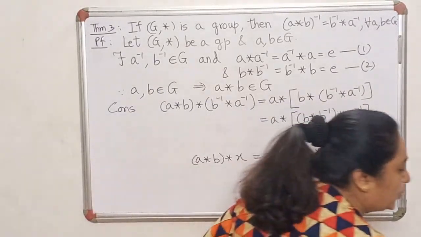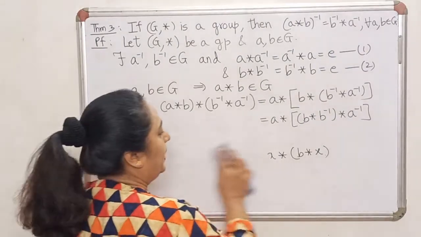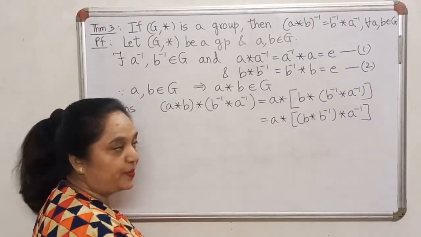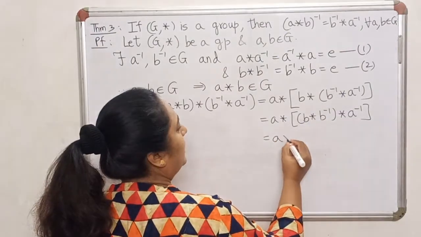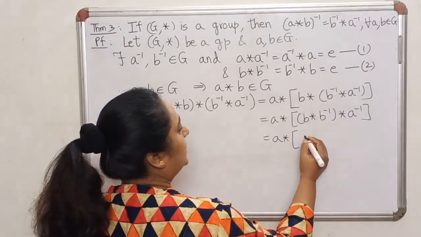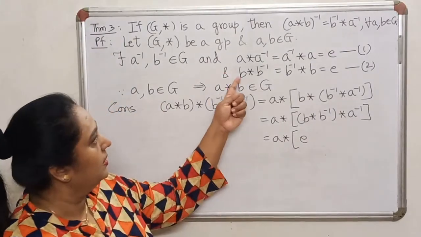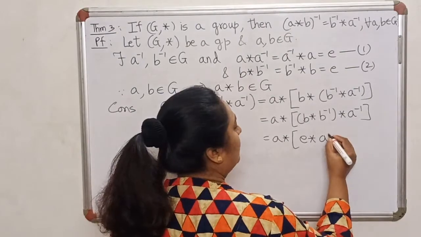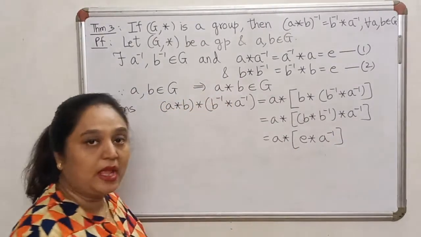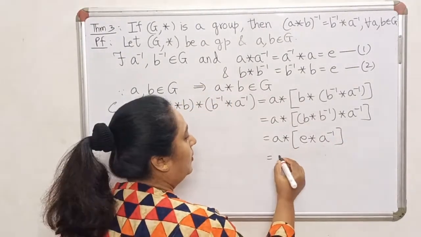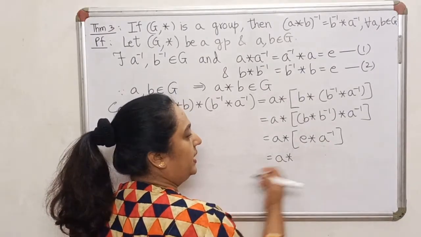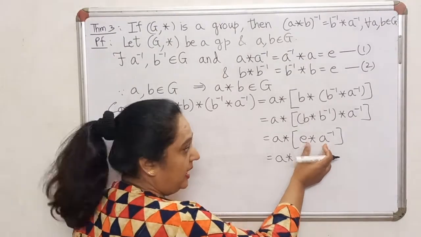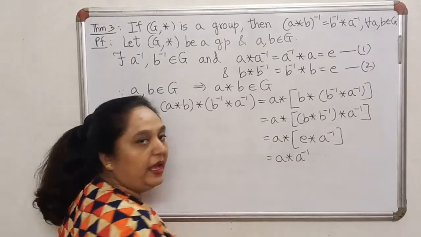And now let's use equation 2, B combined with B inverse. I'll simplify this innermost bracket first. So we'll get A star (B star B inverse, which is E) star A inverse, and now identity combined with any other element of the group is that element. So E star A inverse is going to be A inverse.